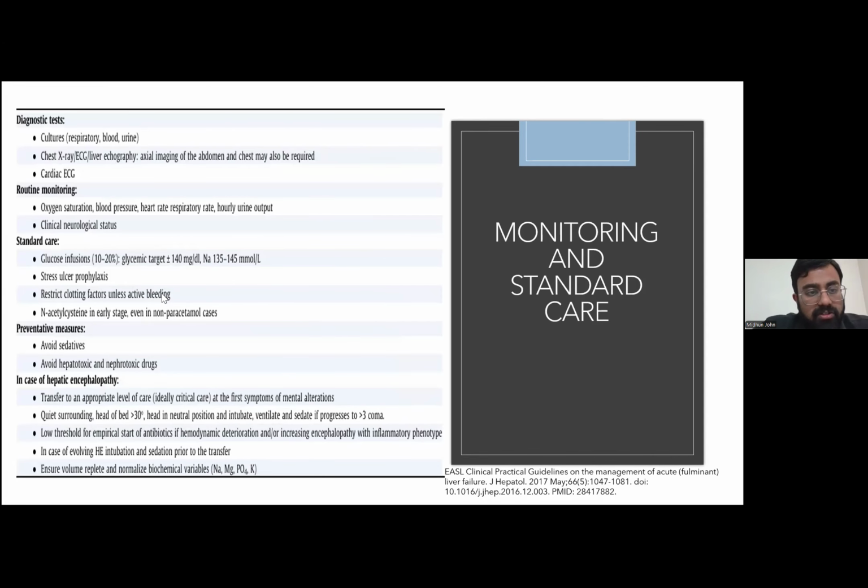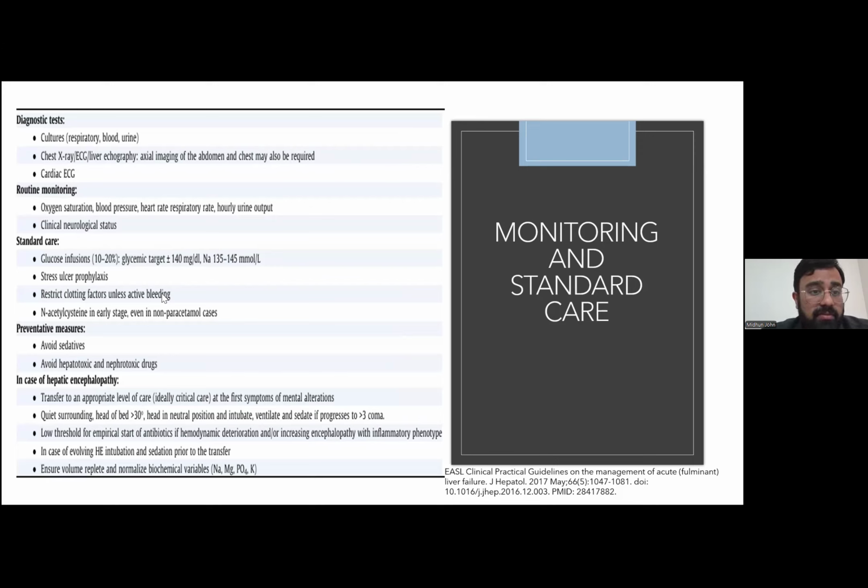Moving on to build on that, the diagnostic tests that we need to do, apart from looking for our basic etiologies, are to exclude other issues. So cultures: blood cultures, urine cultures, respiratory, because these patients are at high risk for sepsis.